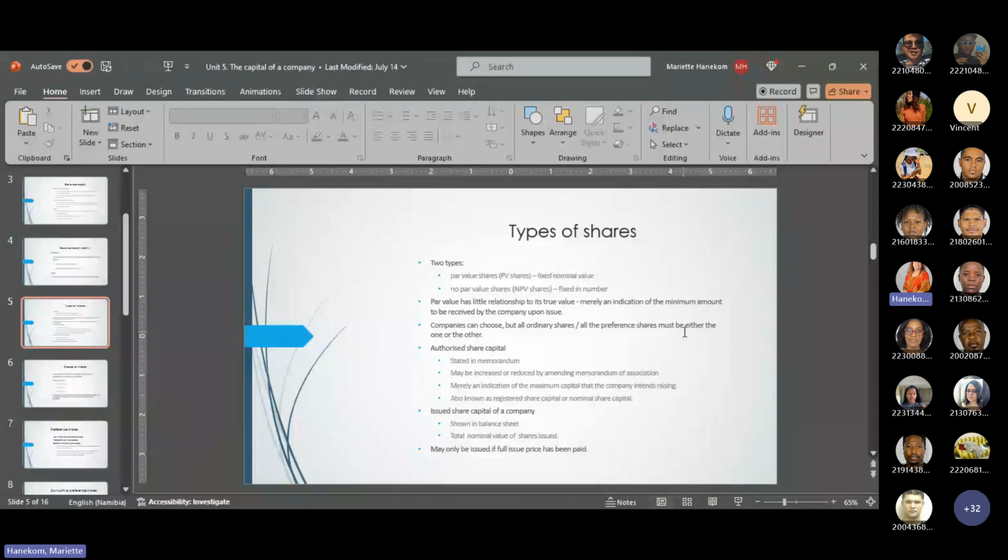The information regarding the authorized share capital is stated in the memorandum of a company. Authorized share capital, also known as the registered share capital or the nominal share capital.